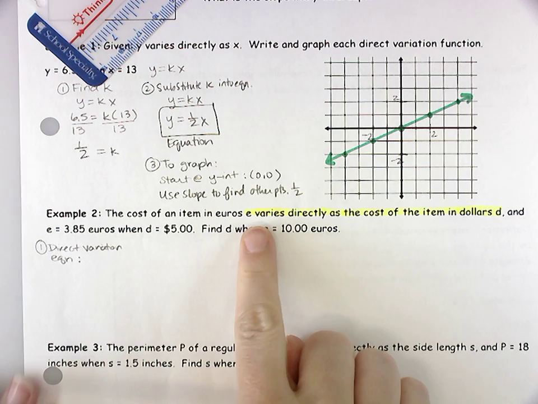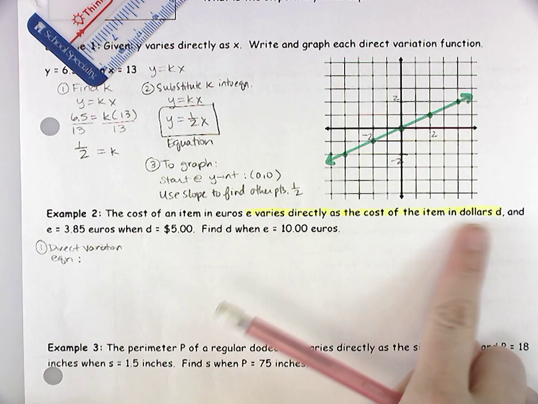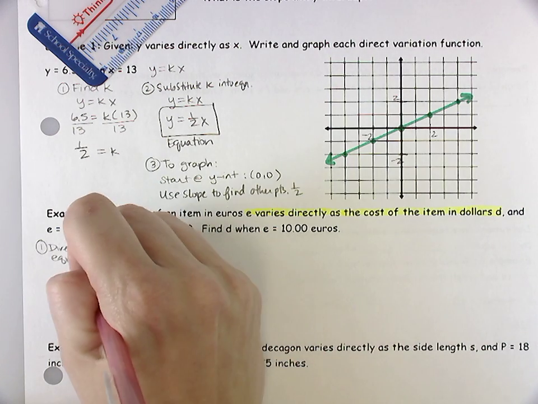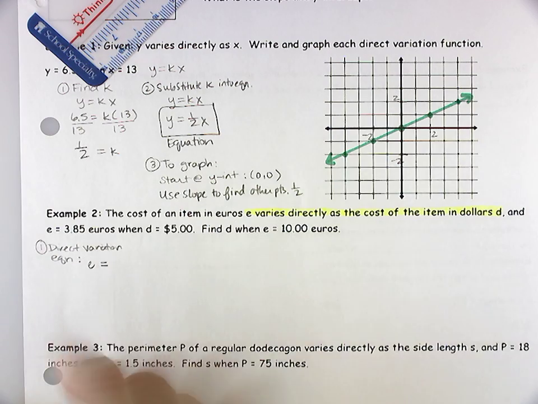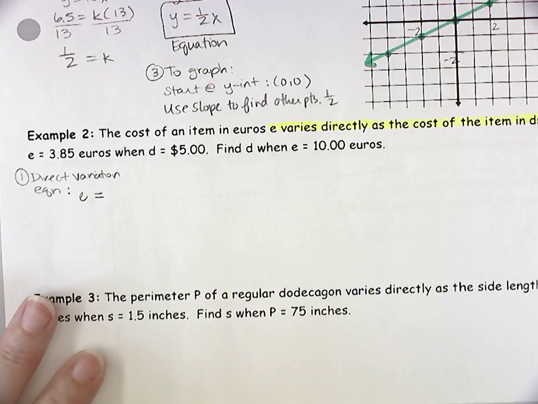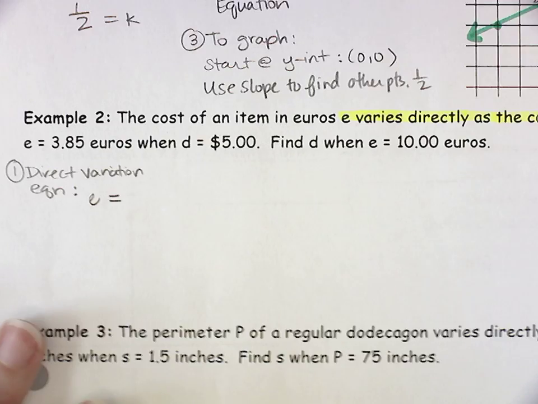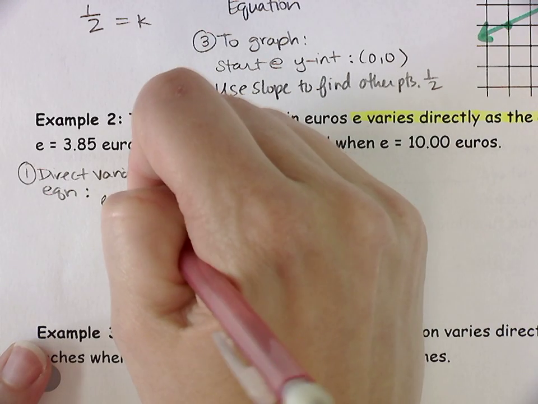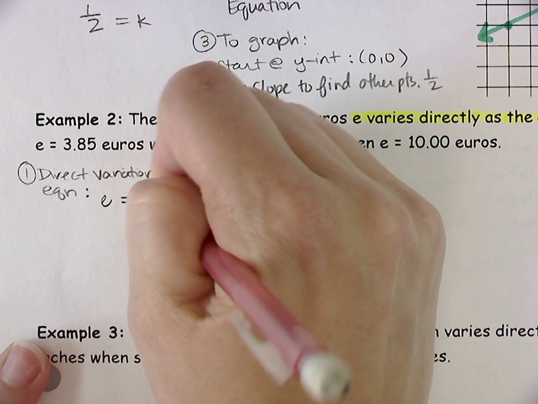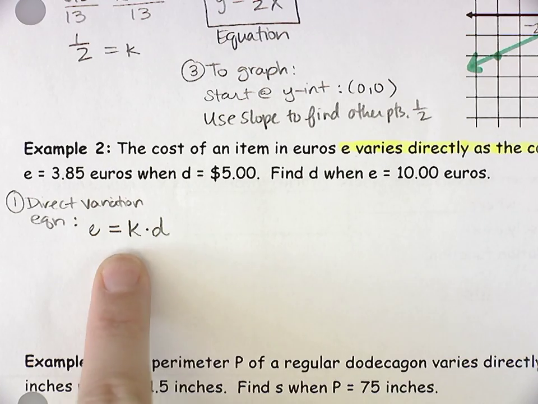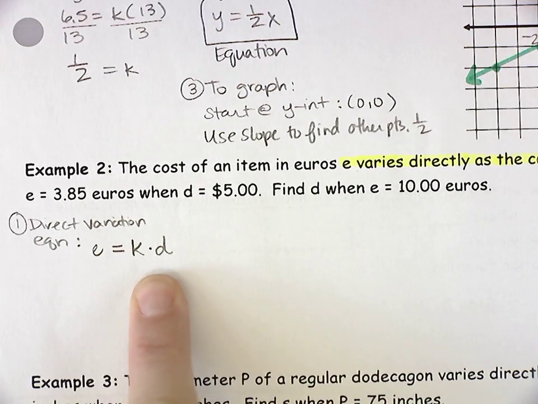If it says E varies directly as D, our equation is going to start with E, and then what's always going to be our constant variable? Yeah, K. And then if it varies directly as D, it's going to be euros equals the constant K times D.